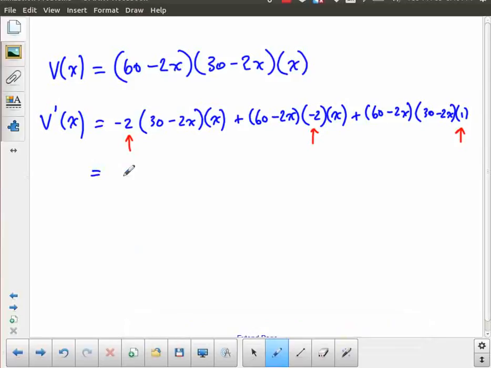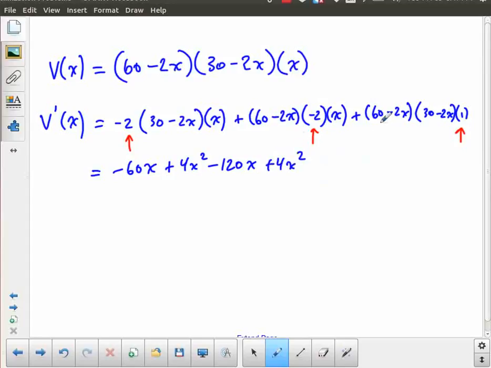So I'm going to go ahead and expand these and simplify them. So I end up with negative 2 times 30 is negative 60x. Negative 2 times negative 2x is positive 4x, so that's plus 4x squared. This one's going to be negative 2x minus 120x, negative 2 positive 4x squared.